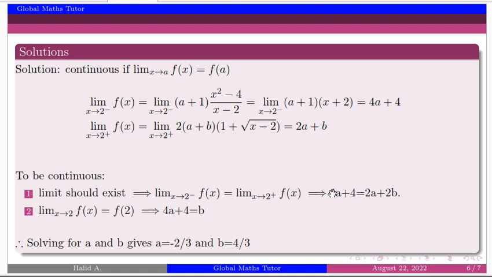So we will use those two equations, 4a plus 4 equal to 2a plus 2b and 4a plus 4 equal to b, and using simultaneous equations we finally get minus 2 over 3 and 4 over 3. If a is minus 2 over 3 and b is 4 over 3, this function is continuous over all real numbers.